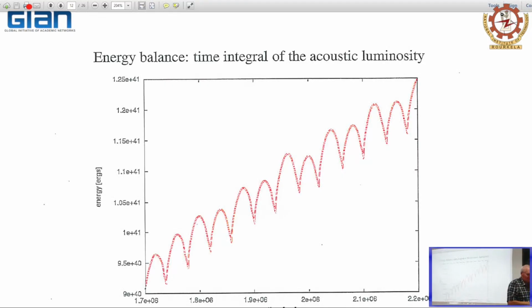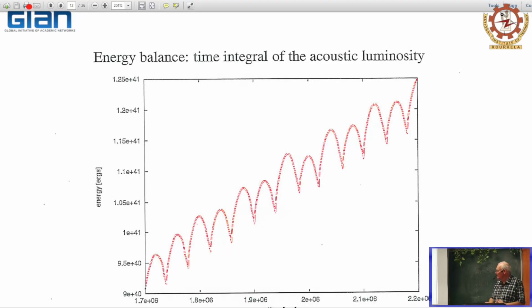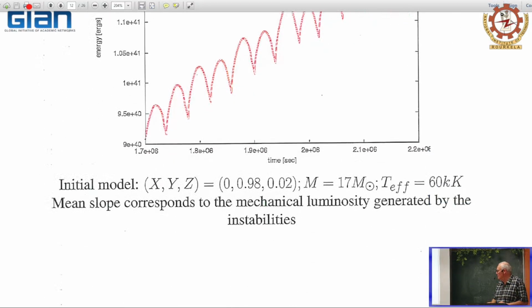This allowed us to determine the mass loss rate of the object. But if we sum up now the kinetic energy, the sum of the previous energy, and the acoustic energy, then we should end up with 0. So once we get a non-zero value, this is the error of the energy balance.